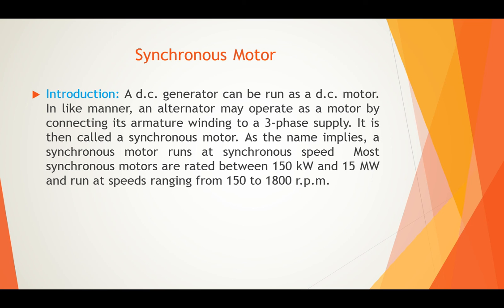It is then called a synchronous motor. As the name implies, a synchronous motor runs at a synchronous speed. Most synchronous motors are rated between 150 kilowatt and 15 megawatt and run at a speed ranging from 150 to 1800 rpm.